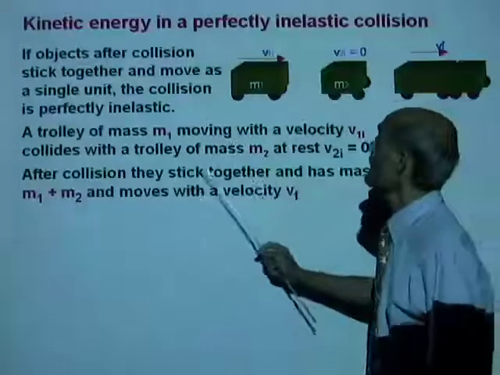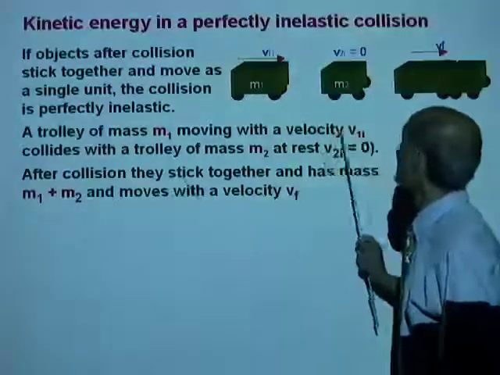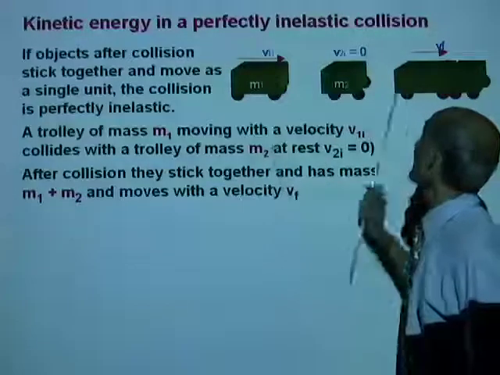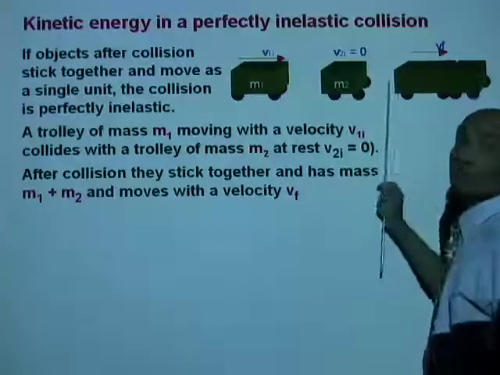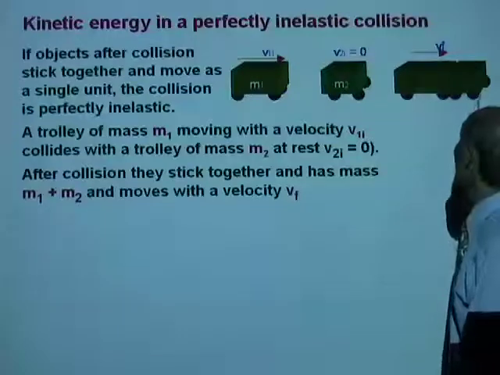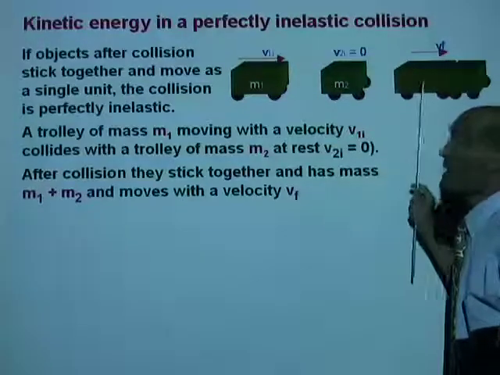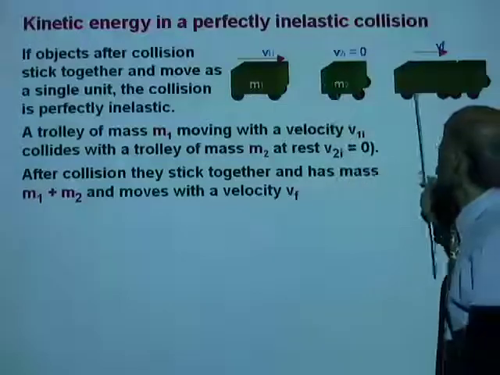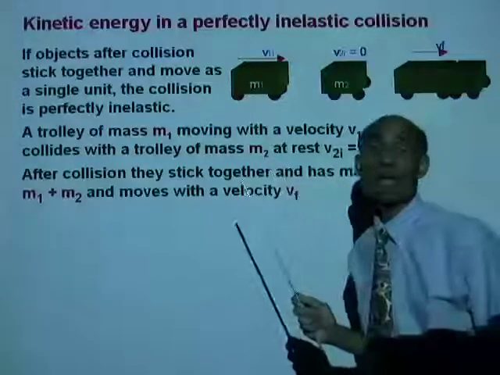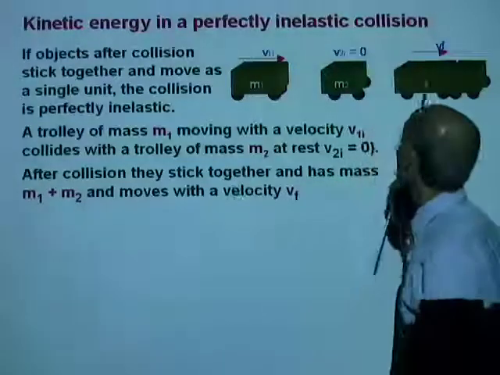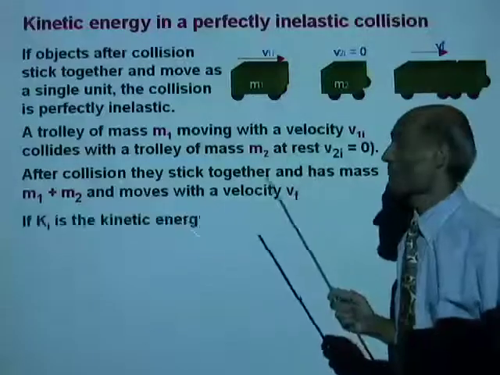They collide. After collision, they stick together and have a mass m1 plus m2. Here I have shown that they are sticking together. They have a mass m1 plus m2 and they move away with a final velocity vf.